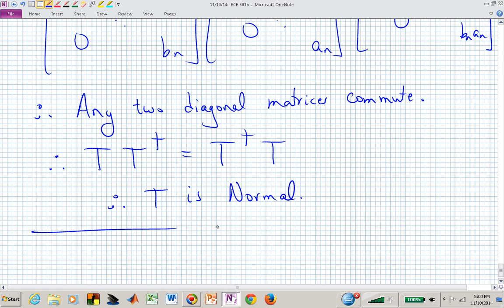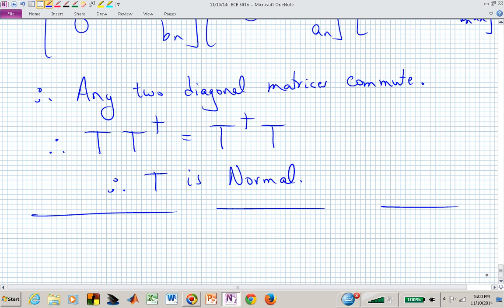Now if we go in the other direction and start with this operator being normal, then we have to show that we end up with diagonal matrix representations for T and T dagger.